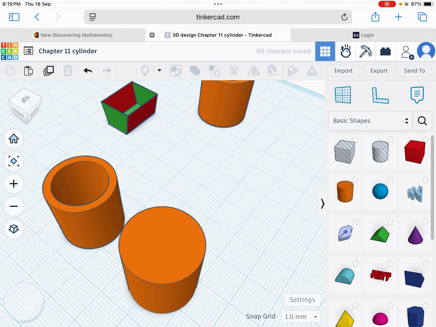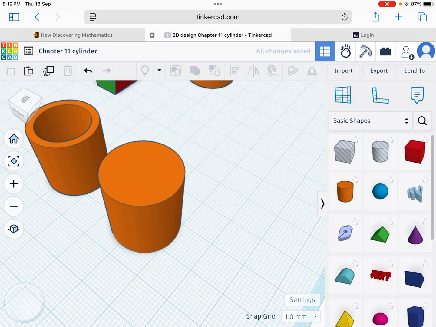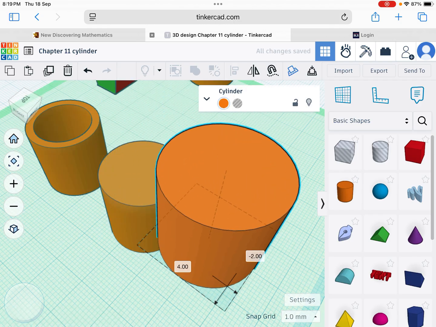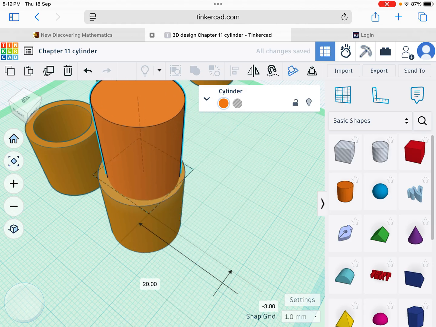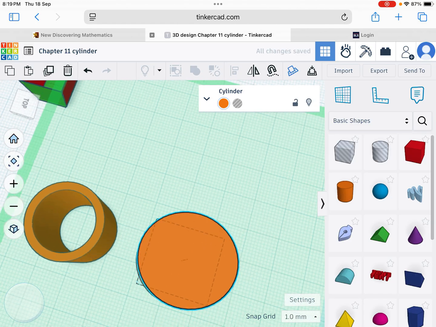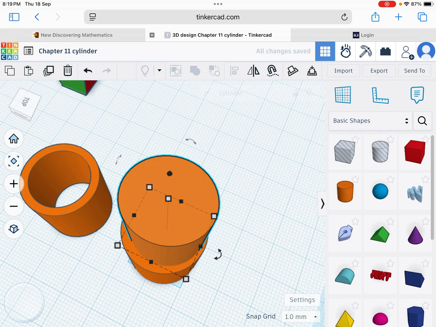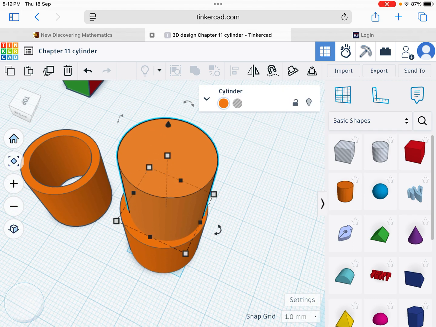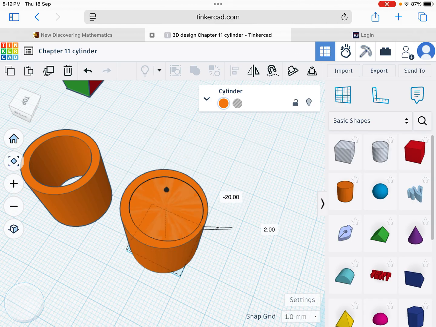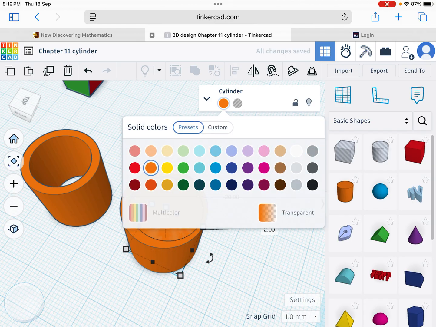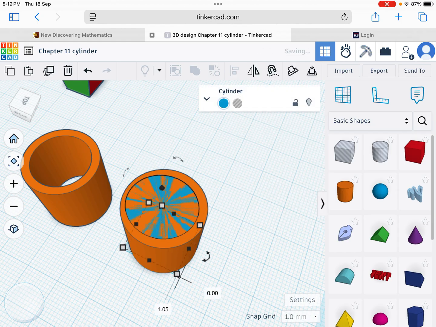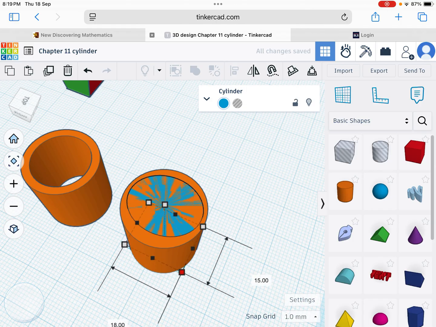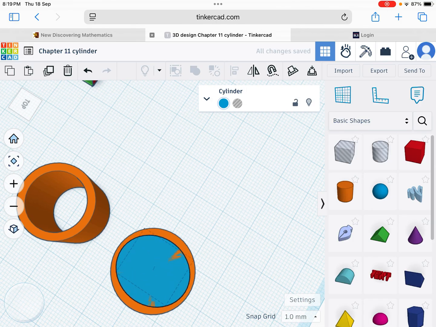I take one bigger cylinder, then I replicate it and make a smaller cylinder and put it on top of the other one. Then from here I merge the two. I'm going to use a different color. So you see that there's a mix here. You may need to adjust this a bit so that it looks like a circle on top of a circle.